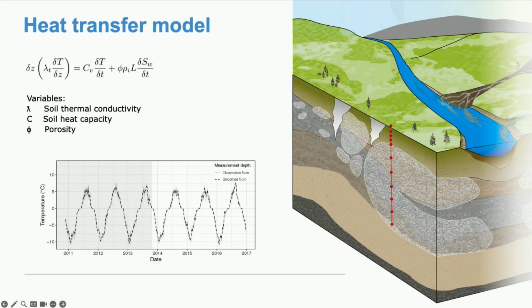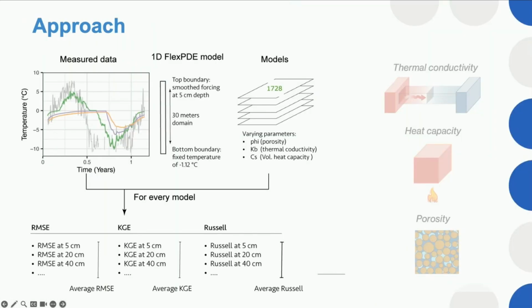On the left, you can see the temperature observations that are collected not as an air temperature, but just below the soil surface. So we don't model the surface energy balance. We solely look at the energy balance in the soil itself.